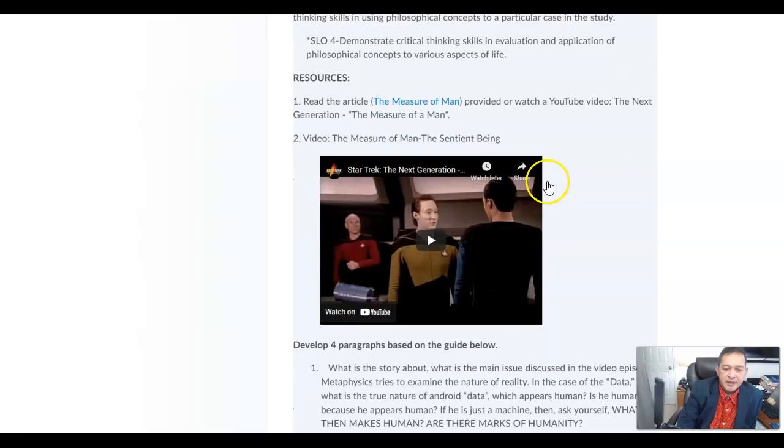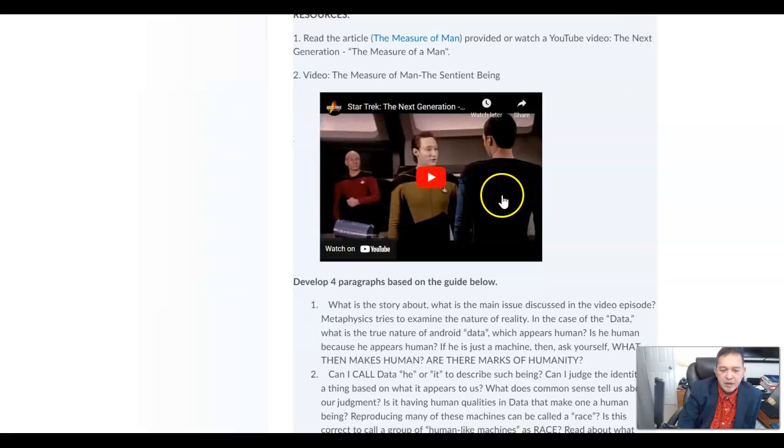Okay, like the case of Data in the Star Trek. So watch the video here and this you can find in YouTube as well. The Measure of Man, there's an article here, and the YouTube video can help you look at. This is Data here.